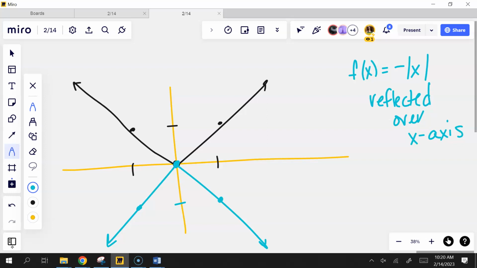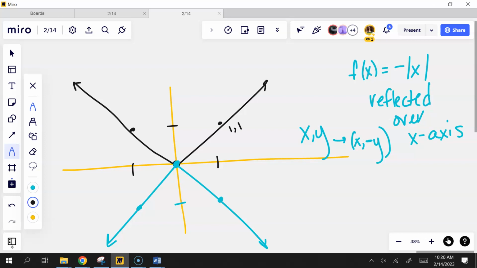You're close. You're really close, actually. To reflect every point over the x-axis, I would keep the x the same and change the sign on the y. And look at this, it makes sense. This point was 1, 1.